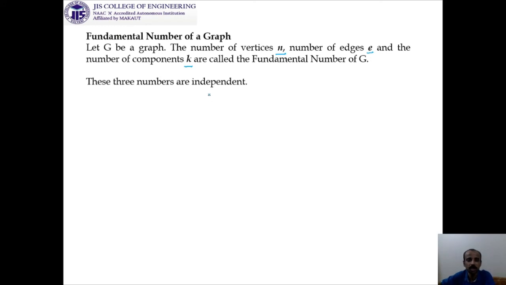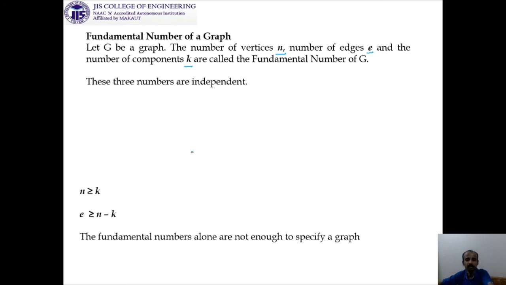First of all, these 3 numbers are independent. Then there are some properties of them. n is greater than or equal to k, that means the number of vertices is greater than or equal to the number of components in that graph. Next, the number of edges e is greater than or equal to n minus k. We are going to show you with examples.